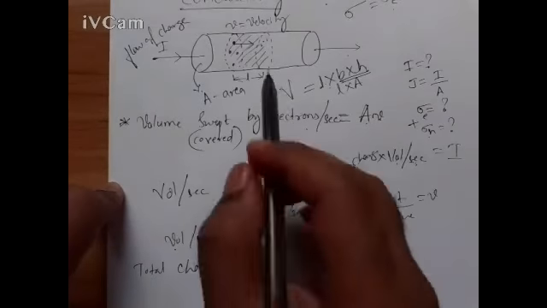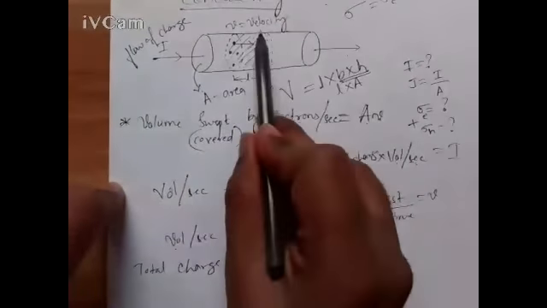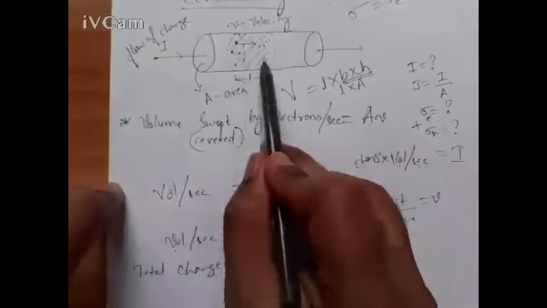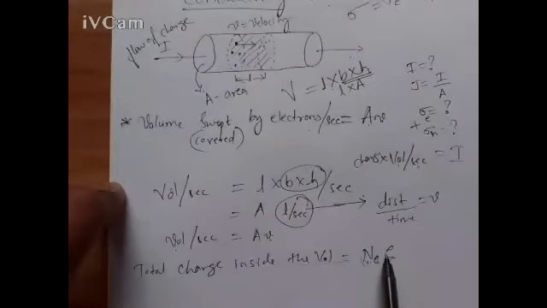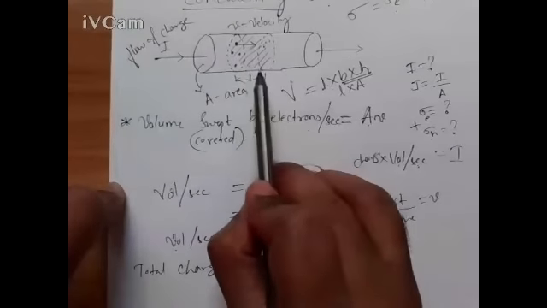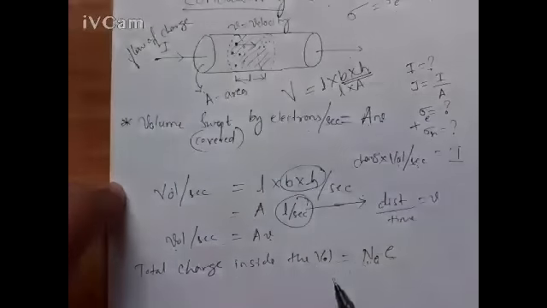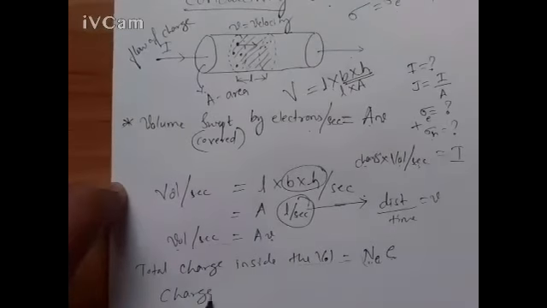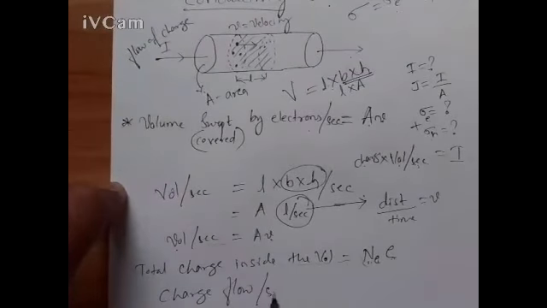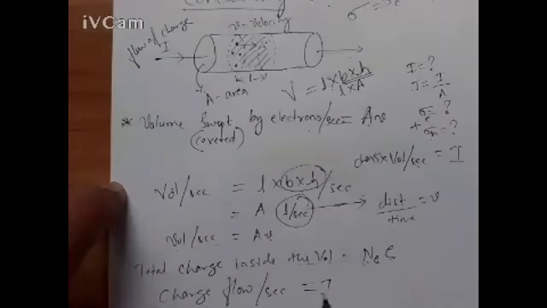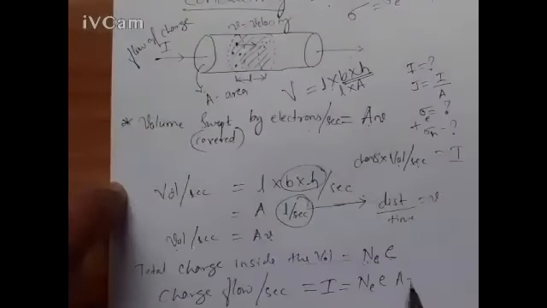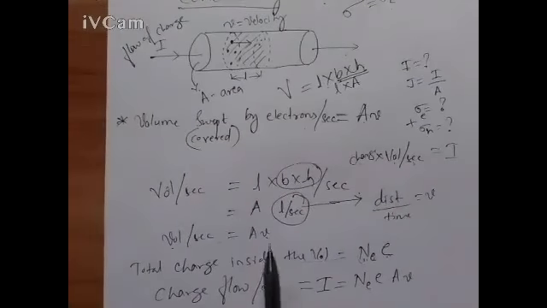Now this volume itself is moving this side, right? So many electrons are there inside this, so many charges are there. So these charges with the volume are moving in this direction. That is called the current. So we can write it as charge flow per second. Current I is equal to n e into that particular volume per second.